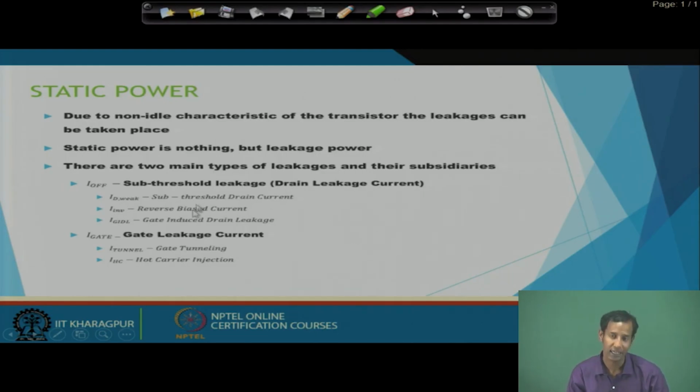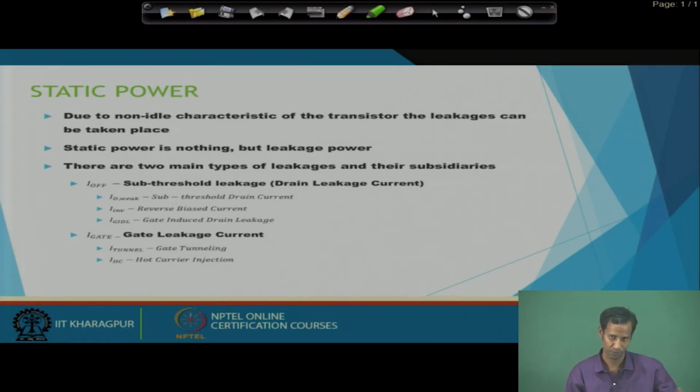If you know more about the CMOS device, you will find that these are the currents which are already there as we choose CMOS technology for VLSI circuit design.